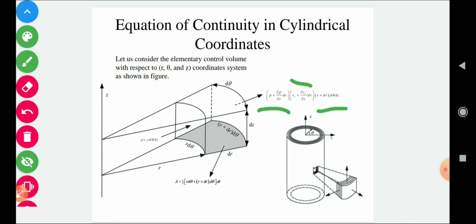If we multiply these three terms, we will get the mass flow rate at the exit. Similarly, we can calculate the mass flow rate at the entrance and exit on the remaining surfaces.